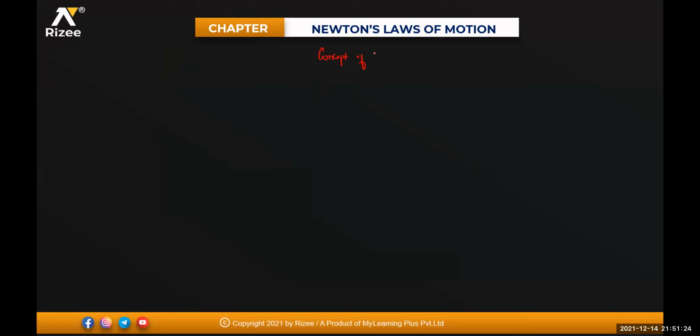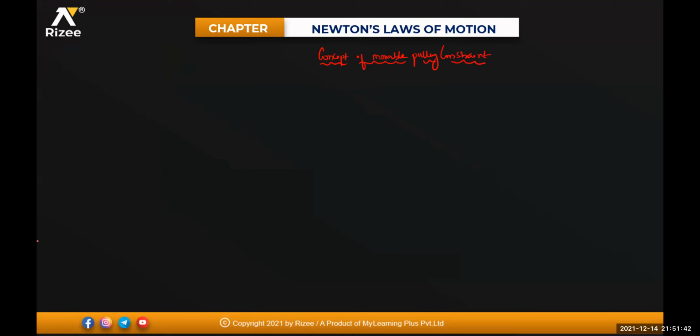Concept of movable and fully constrained pulleys. I told you roughly about this, but I'm just telling you the relations right now.